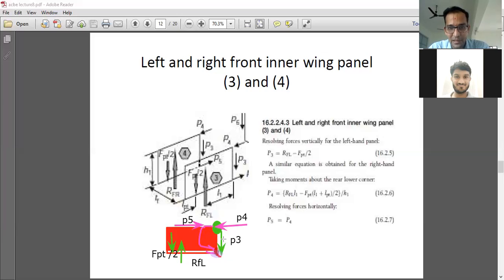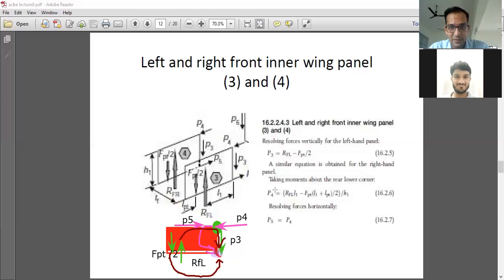RFL multiplied by L1, then FPT divided by 2 multiplied by, I hope you are able to understand this one, RFL multiplied by L1, and FPT by 2 multiplied by L1 plus LPT. So we are placing it over here.